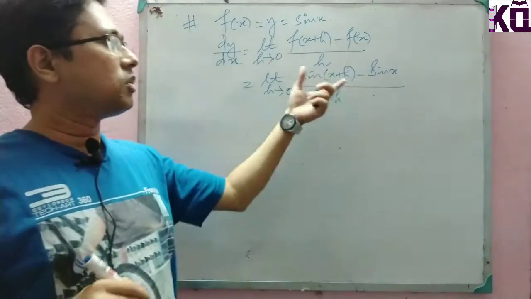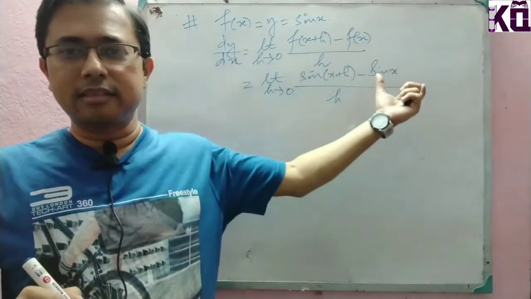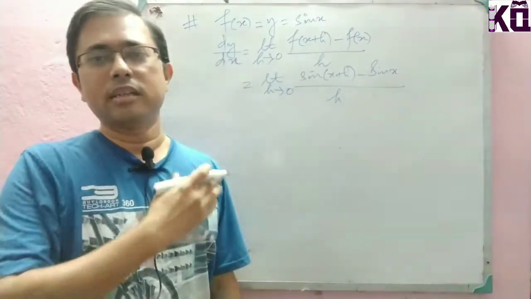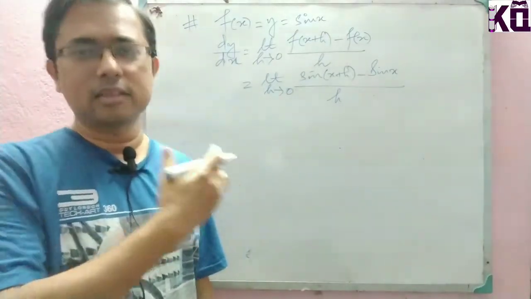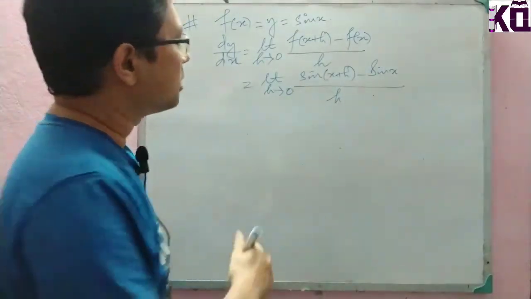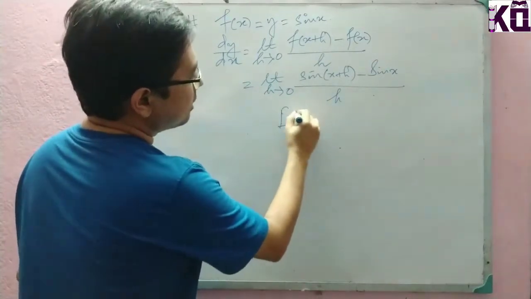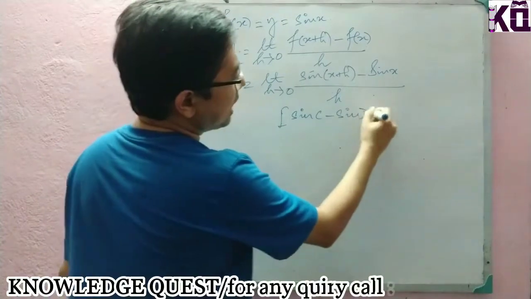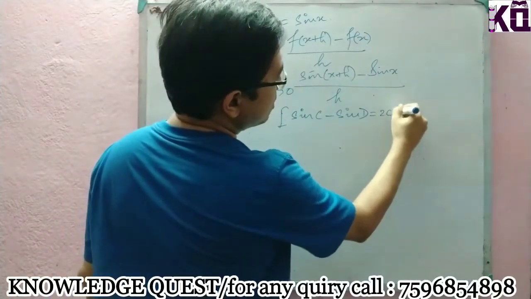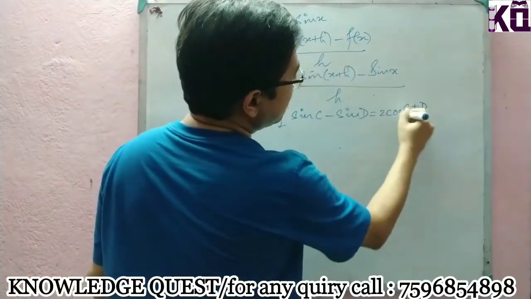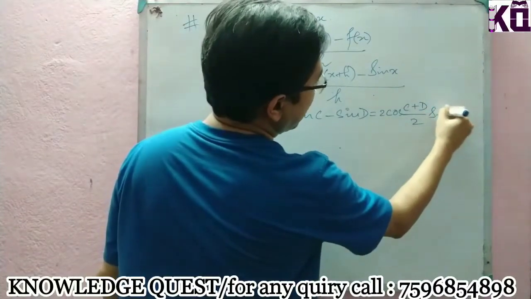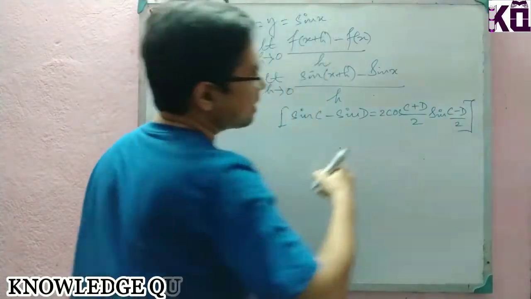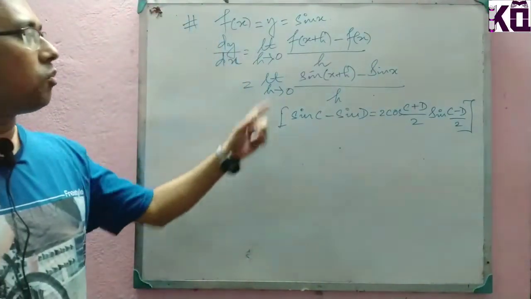Now this becomes sin C minus sin D, that is the trigonometry you have done earlier, actually in your 11th standard. So what is the formula? Sin C minus sin D equals 2 into cos((C + D)/2) into sin((C - D)/2).